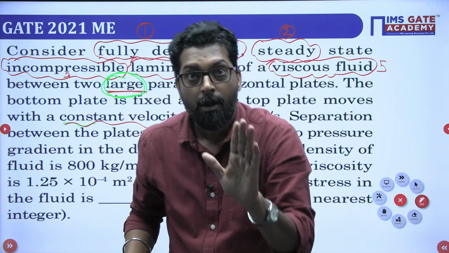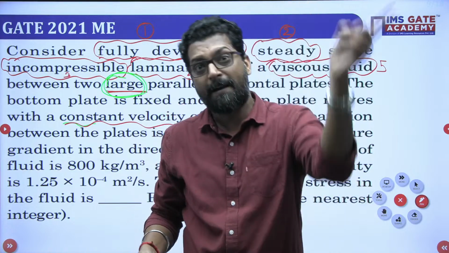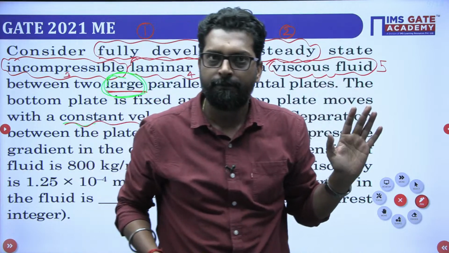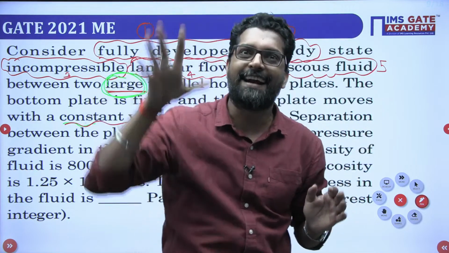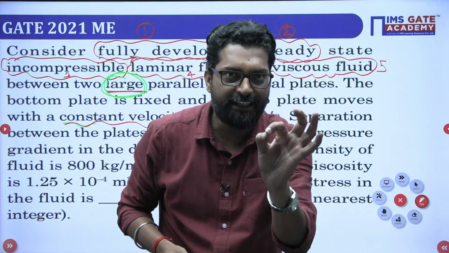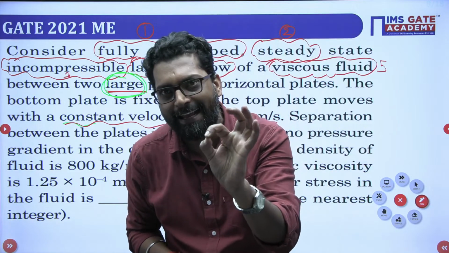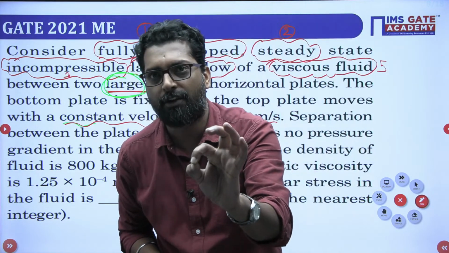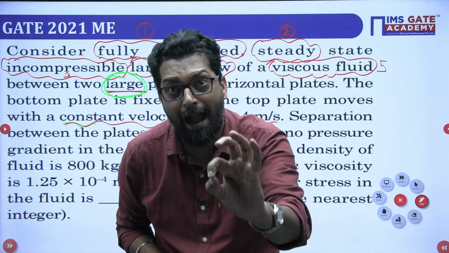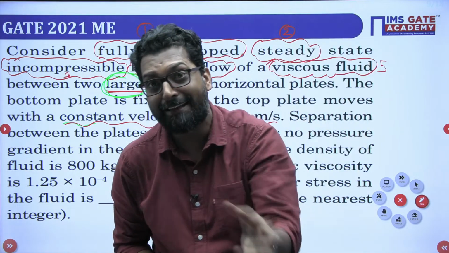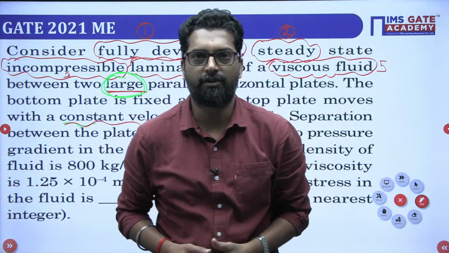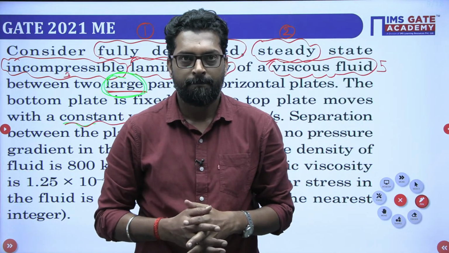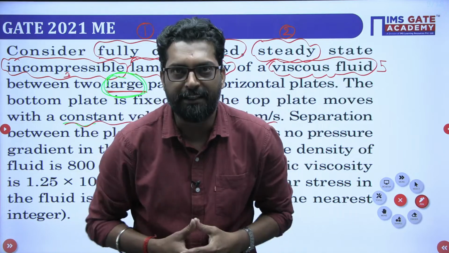No. The velocity of the fluid particle with respect to the plate is 0, at that point in the tangential direction, along the direction of motion. That is called the no slip condition.